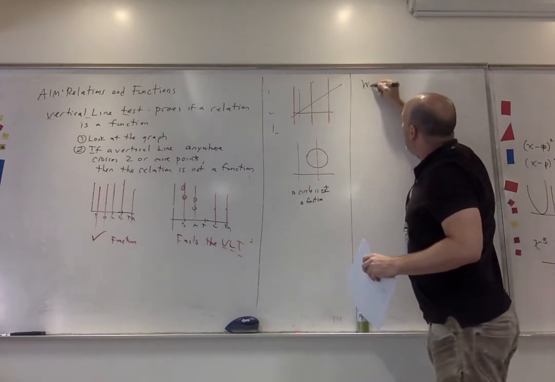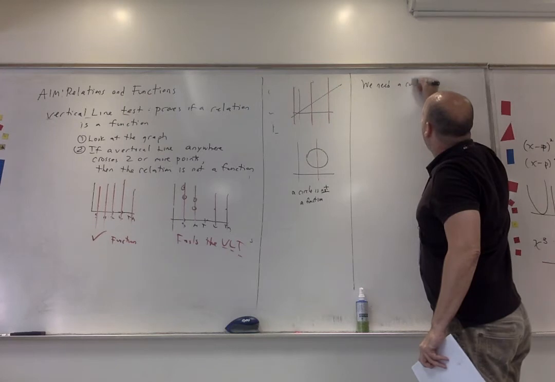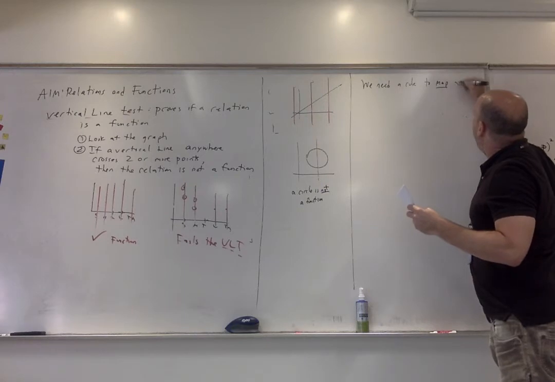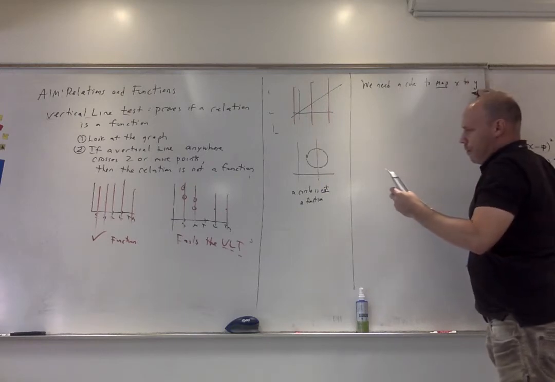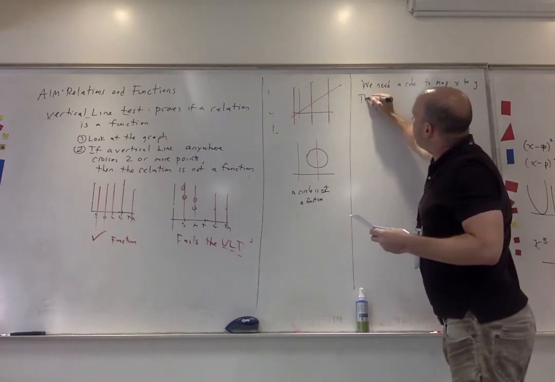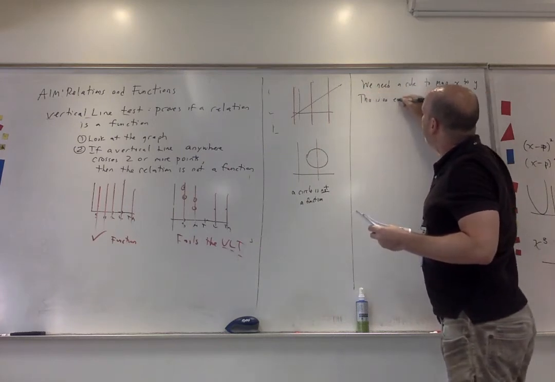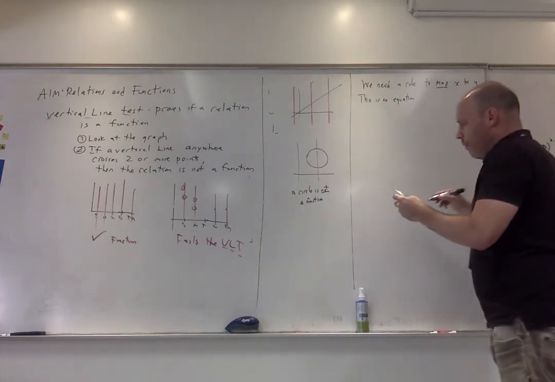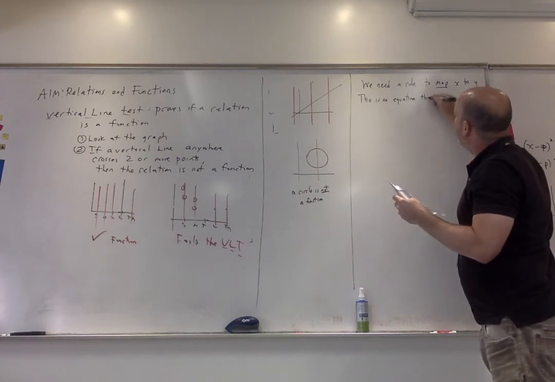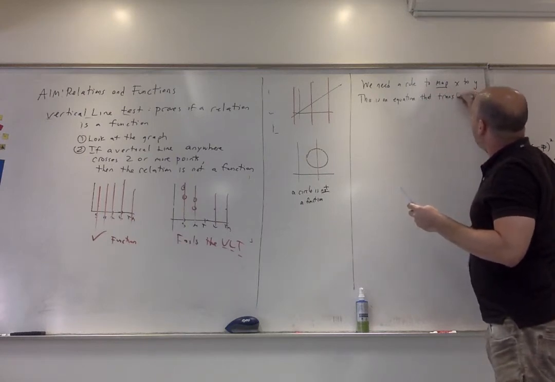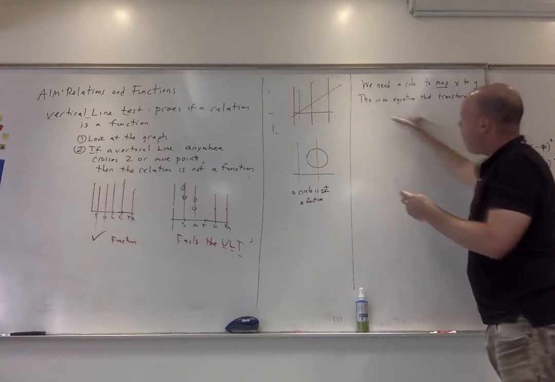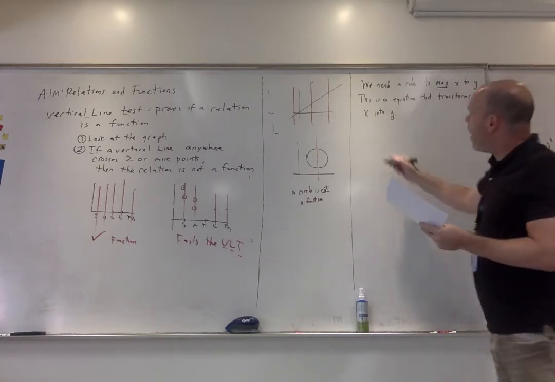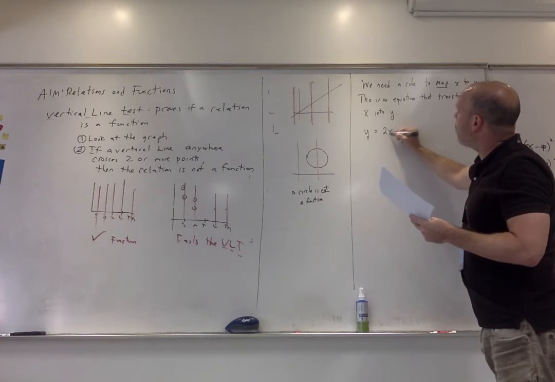So we need a rule to map x to y, and this is an equation that transforms x into y. So, for example, y equals 2x plus 1.